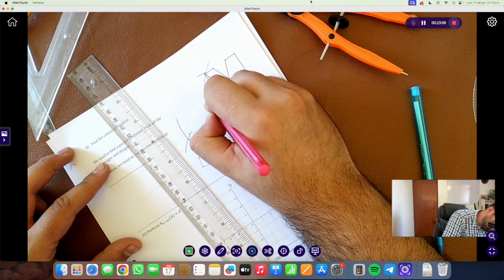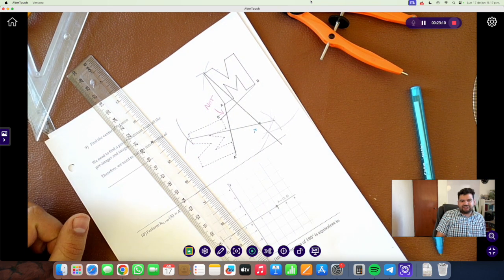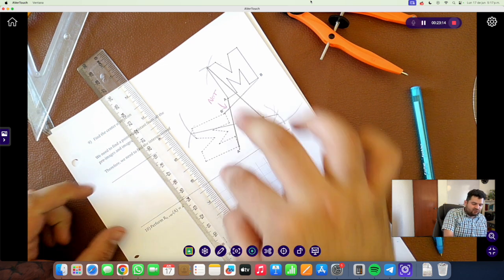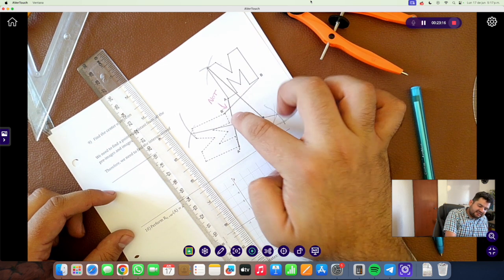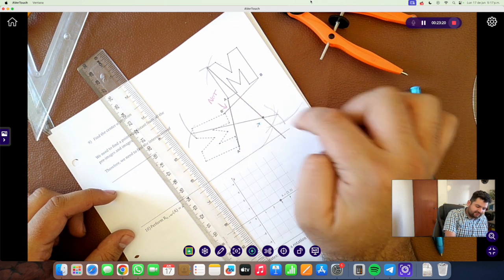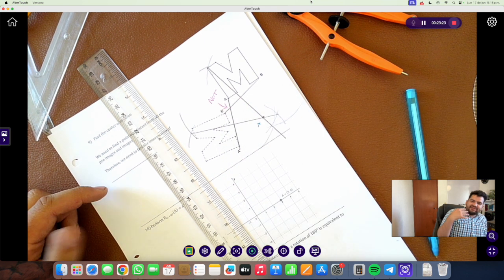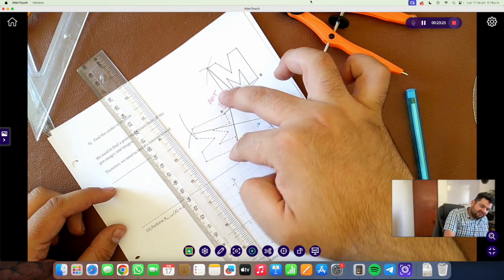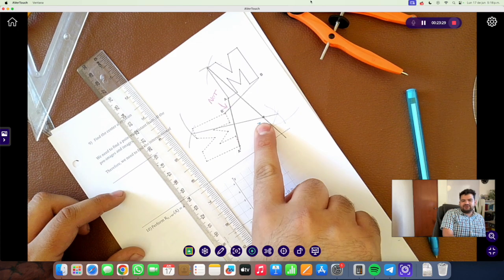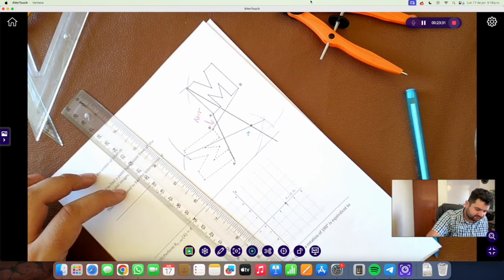This one is not the center of rotation. This one is the center of rotation. So if you join vertices and find the intersection point, not good. But this one. So there are many steps: joining the segments, drawing the perpendicular bisectors, finding where the perpendicular bisectors meet.